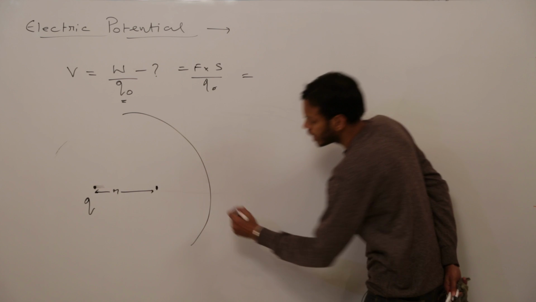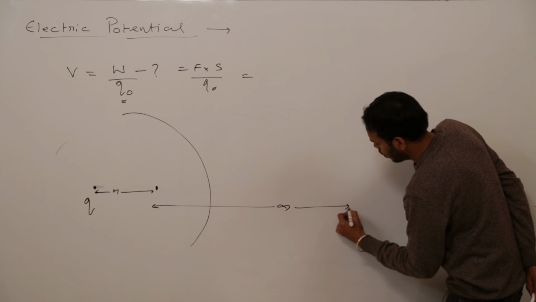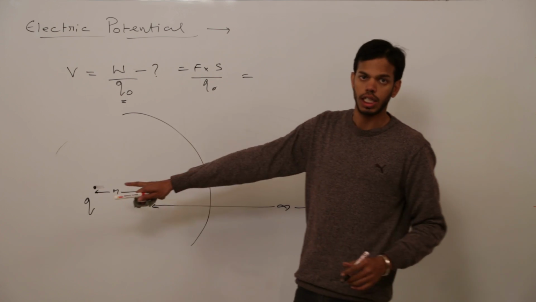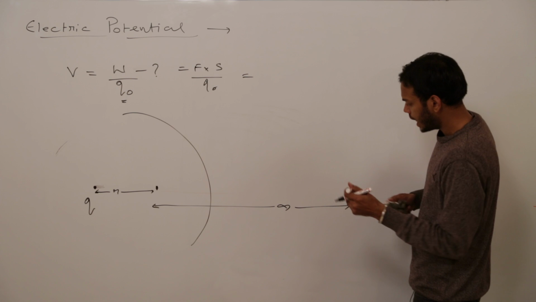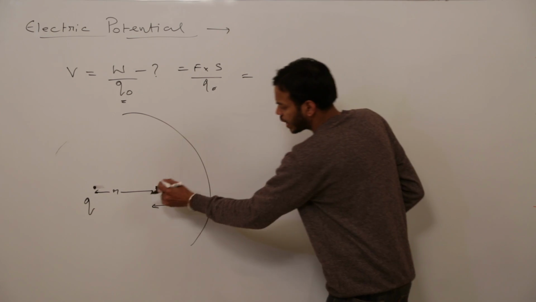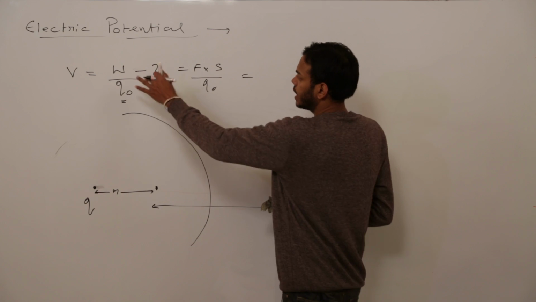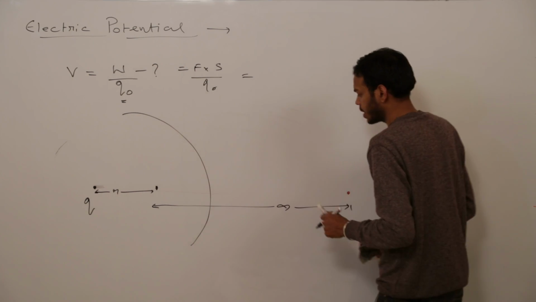Our point charge is at infinite distance from the source charge right now. So when I am bringing my test charge from infinity to that point, I'll be calculating the value of total work done, and that will give me the expression.